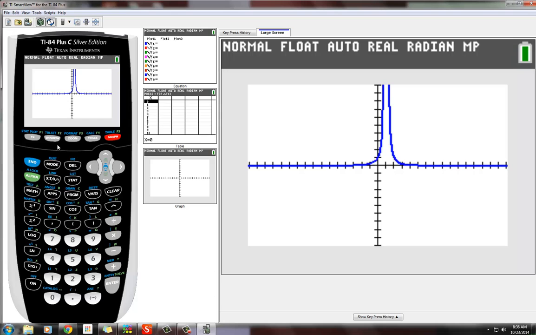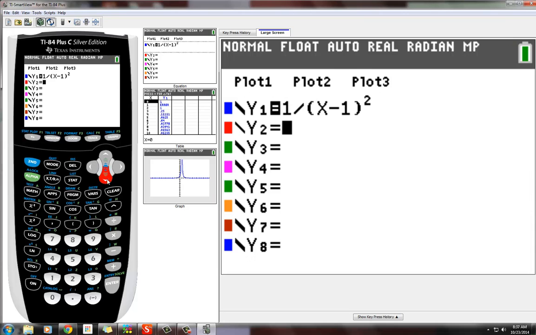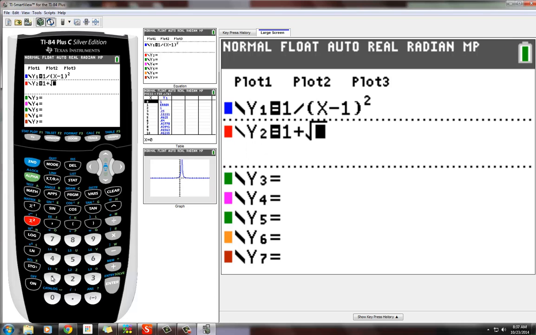Interesting. How could that thing be symmetrical to anything? And let's come back and do the plus or minus version of that. So it was 1 plus the square root of 1 over x, right?